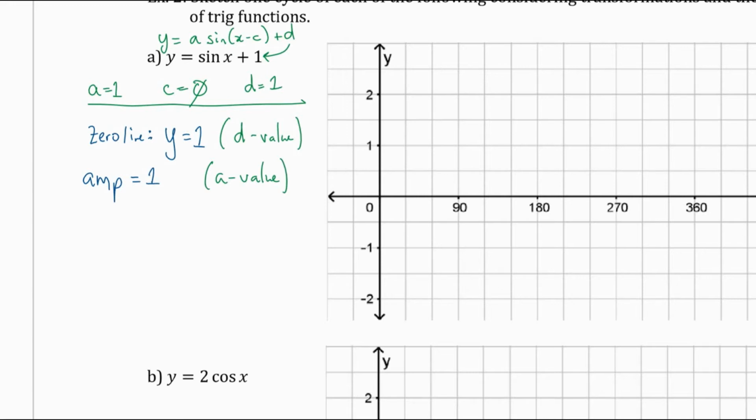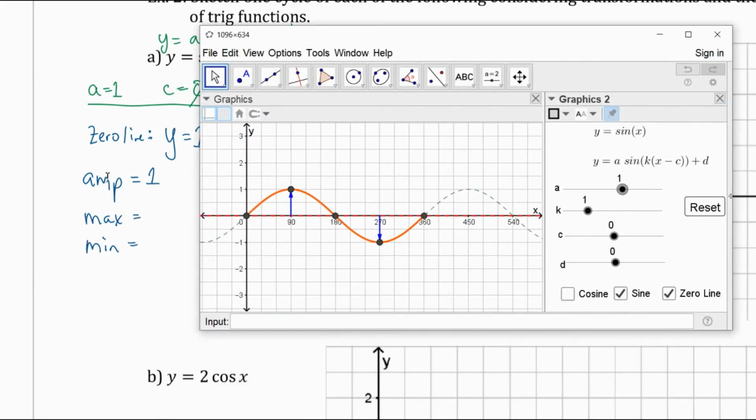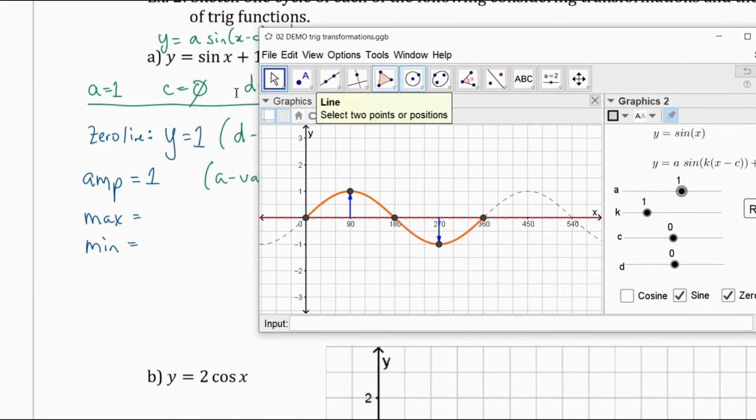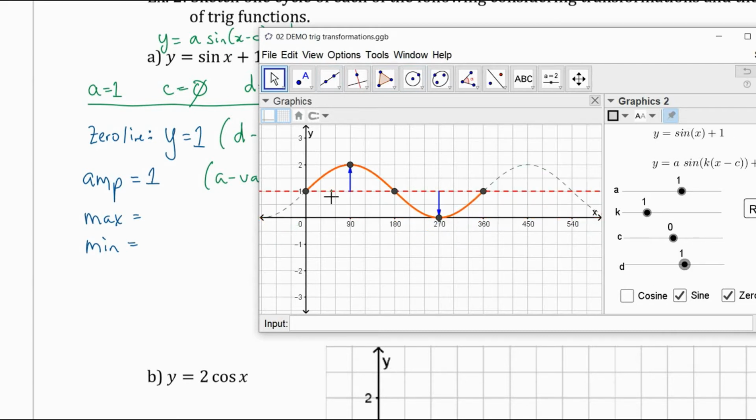From this, we write out the max and the min. And again, I'm going to use this applet to think about that. My D value is 1, and that moves my zero line up to 1. Okay?